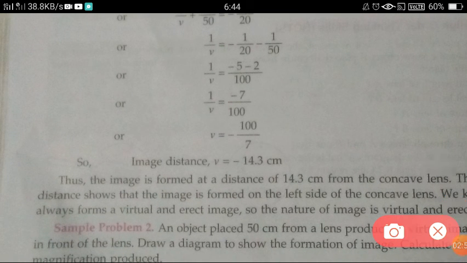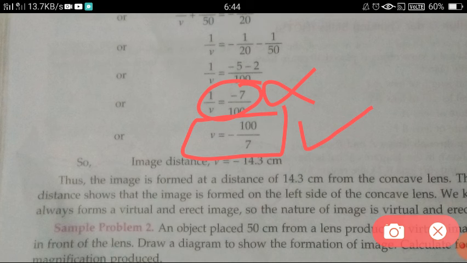That means v equals minus 100 upon 7. Be very careful about this. After solving 1 upon v, you also have to find the value of v. It is not our answer, this one is our answer, v equals minus 100 upon 7, or we can say v equals minus 14.3 centimeter.